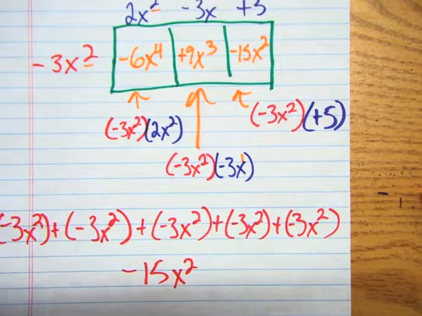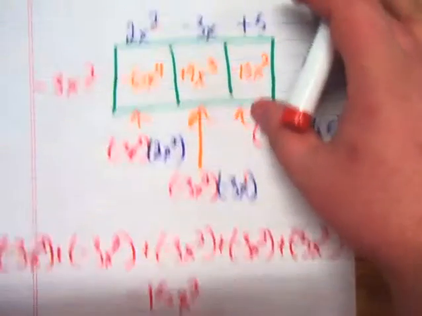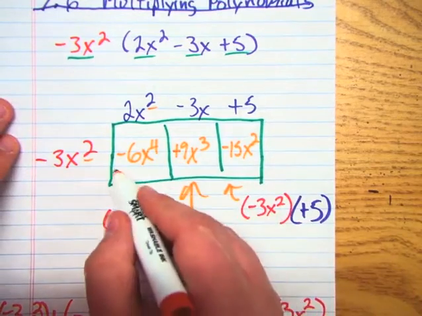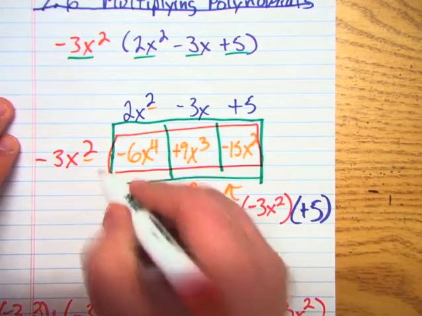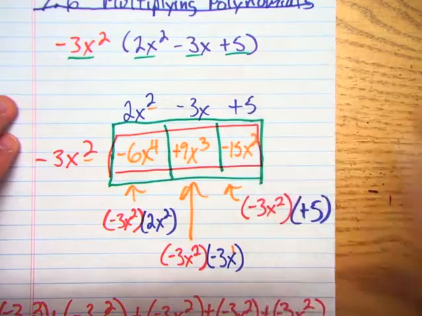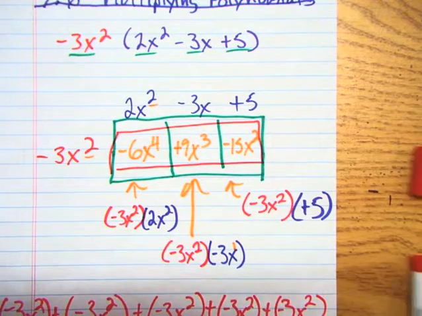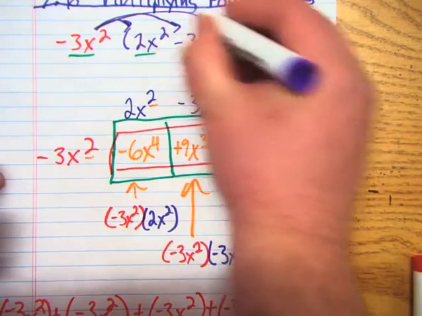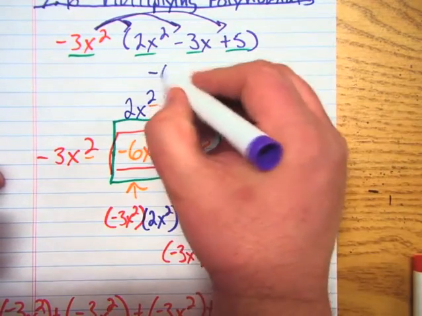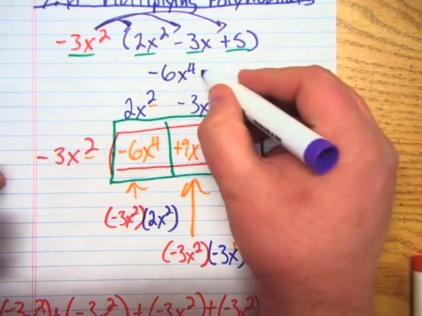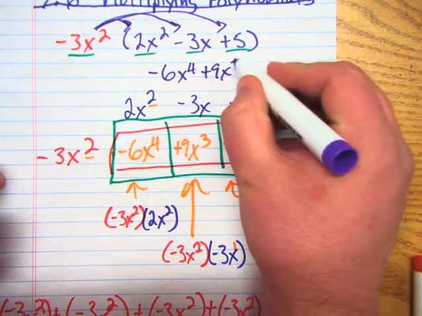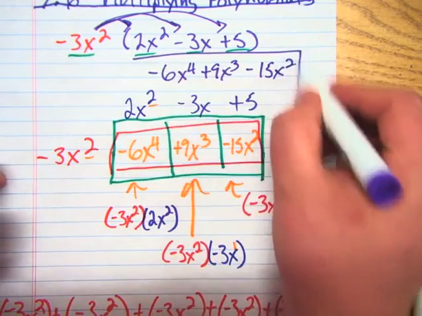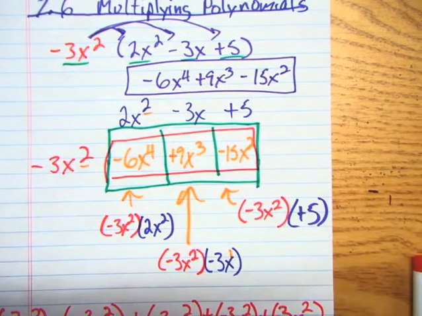So now what's my answer to this multiplication problem? Negative 6x to the 4th, all this stuff right here. So this is equal to, and we'll write the answer in purple, when I push this through, negative 6x to the 4th, positive 9x cubed, negative 15x squared. That's my answer. Okay? Does that make sense?